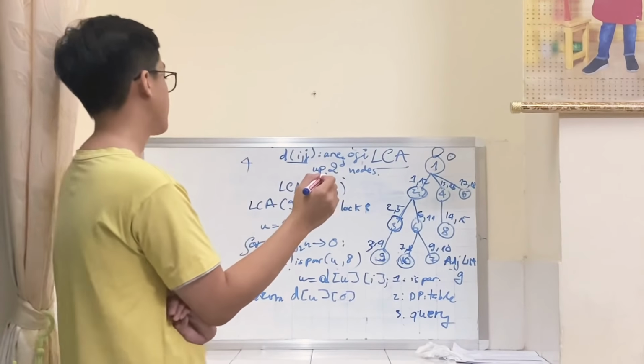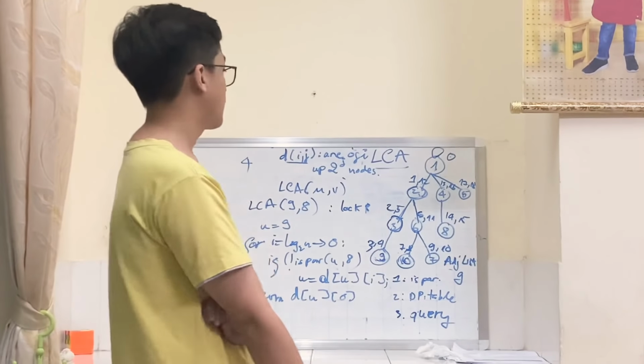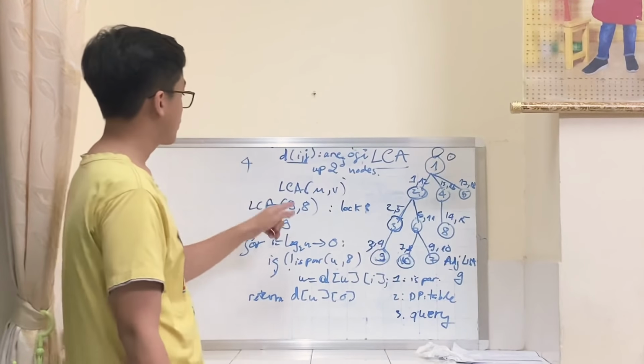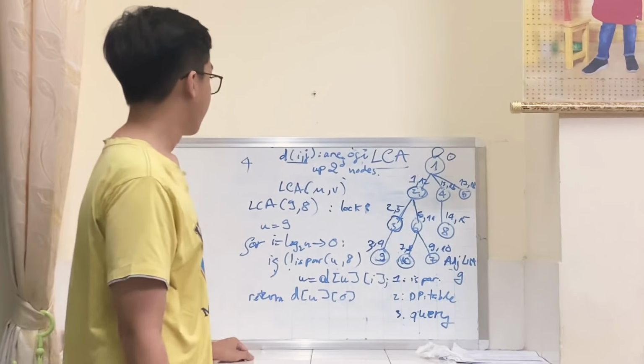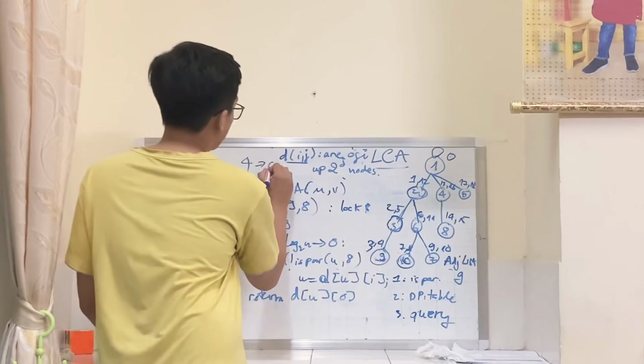I'll use the ceiling rounding function. So we go to 4, so it will look from 4 to 0.